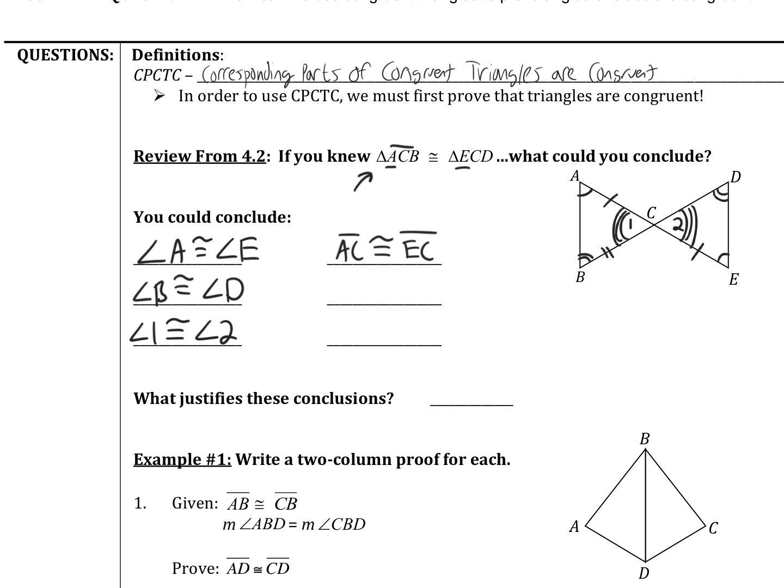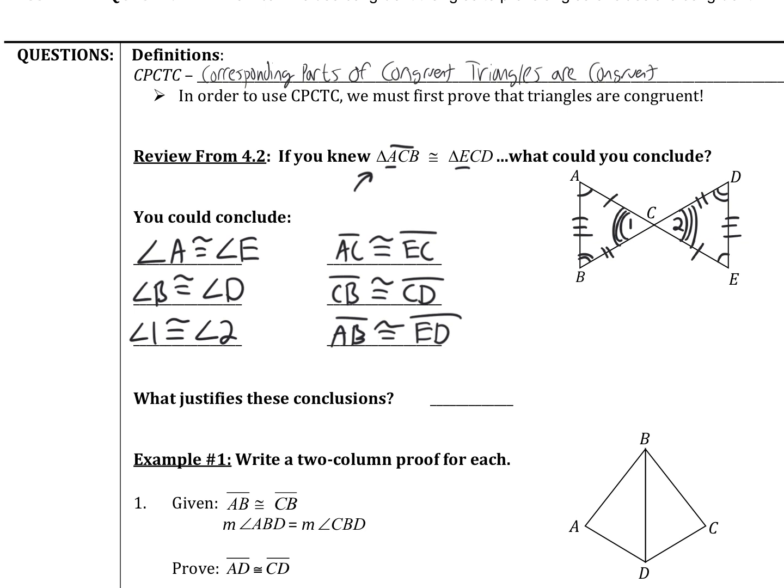We have CB and CD. And then we have AB and ED. Congruent to ED.